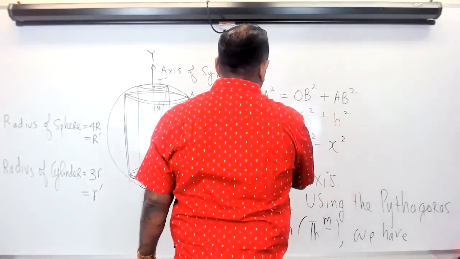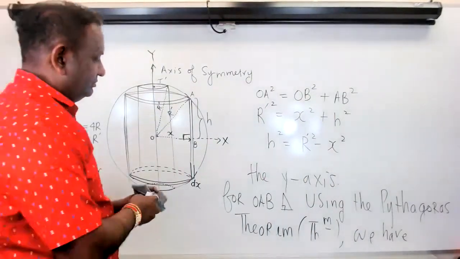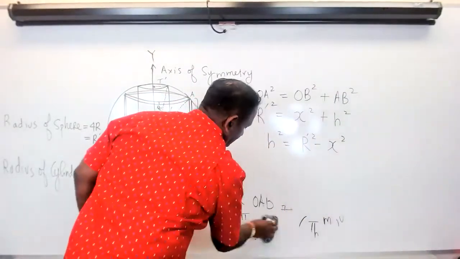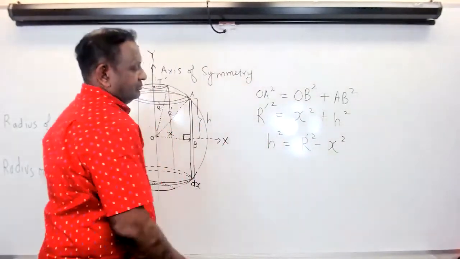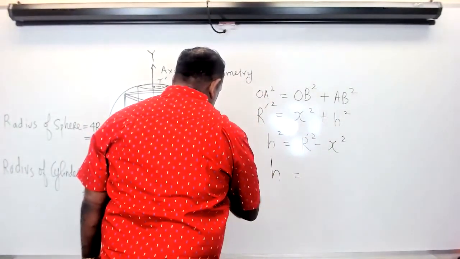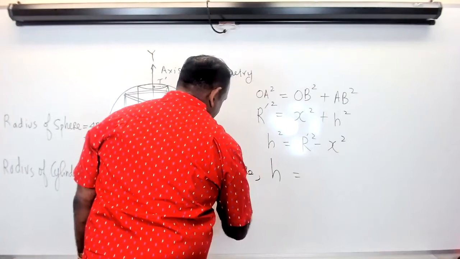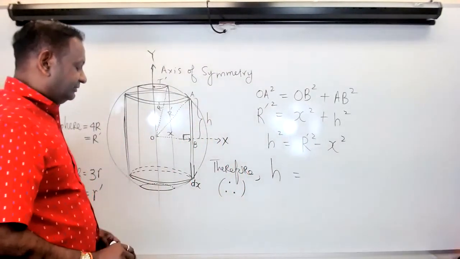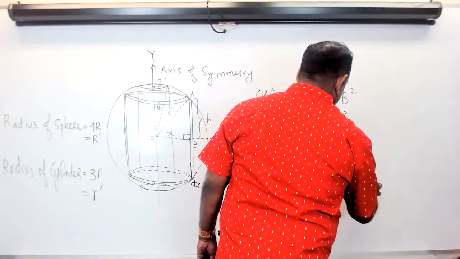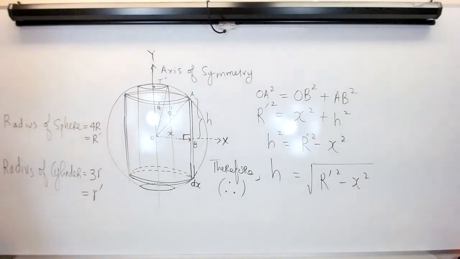Therefore, h is the square root of R prime squared minus x squared. That's h. You build up h first.